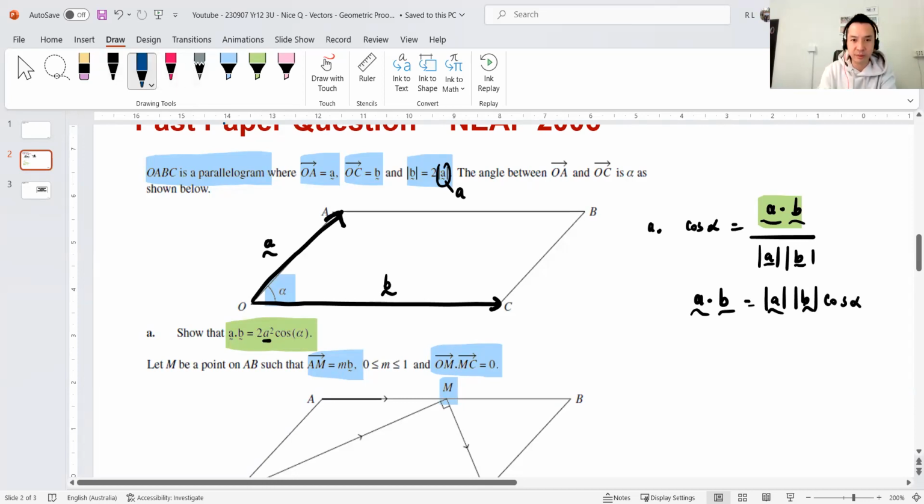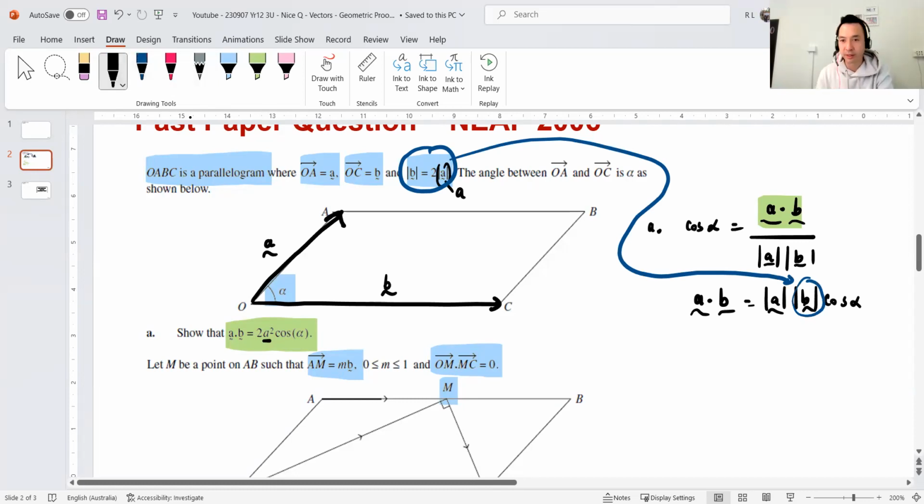And then we sub this in here, and you get that equals A times 2 of these A's cos alpha.